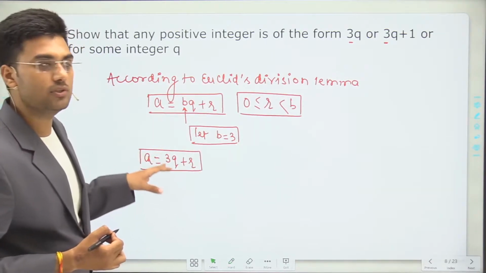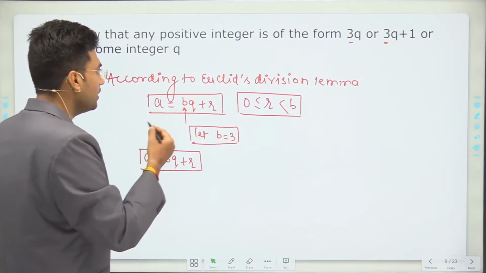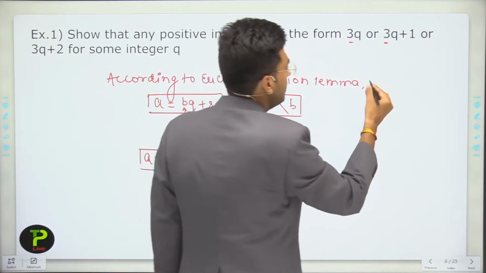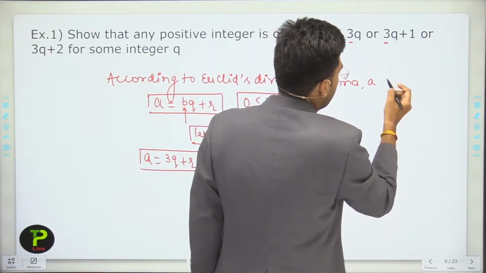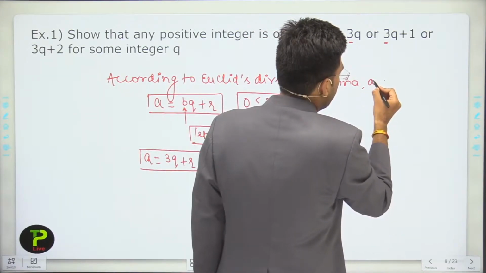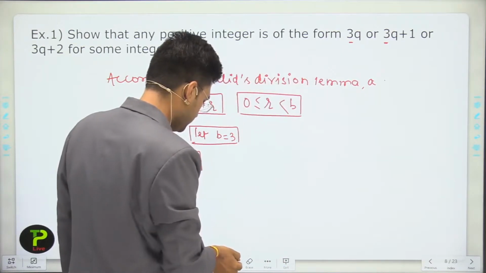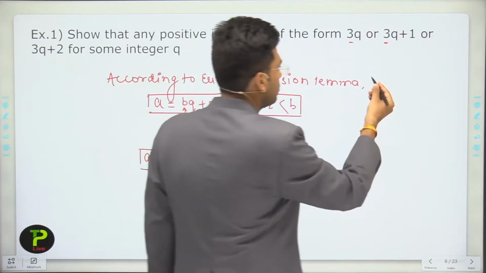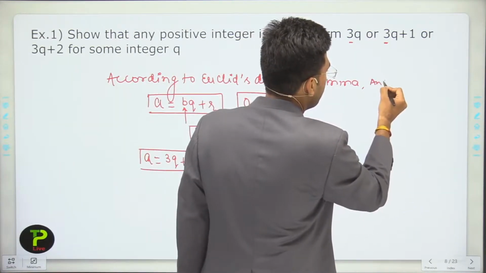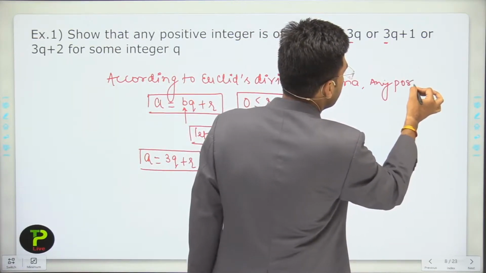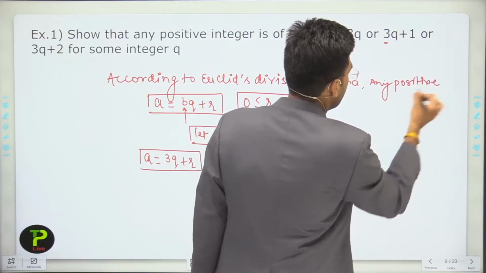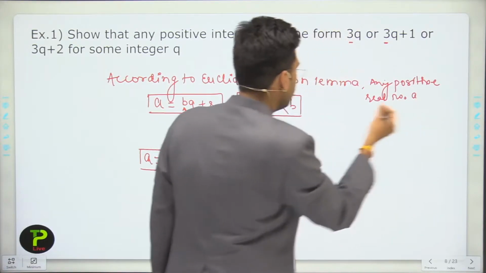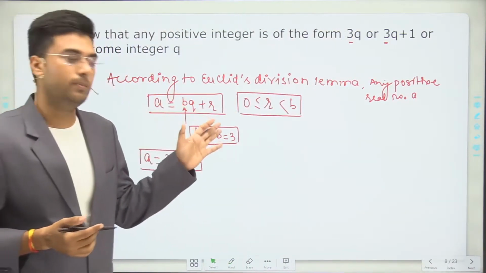A is any positive real number. We can also write it here: any positive real number a is equal to bq plus r.